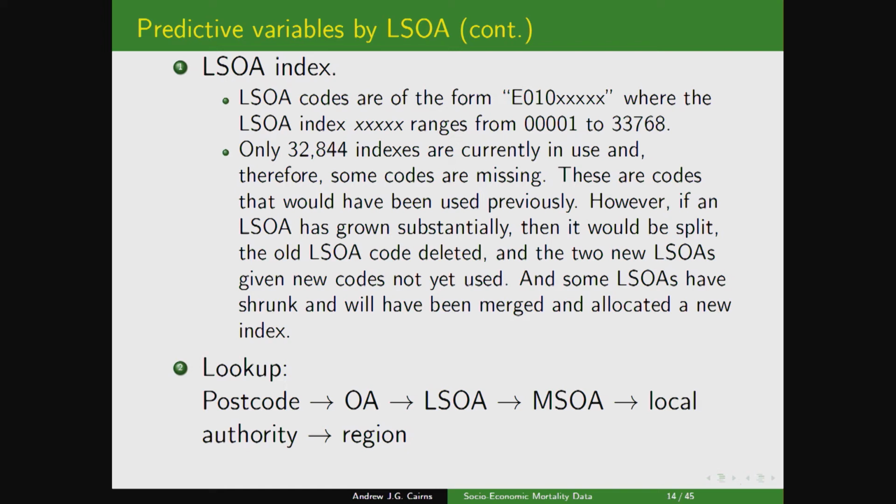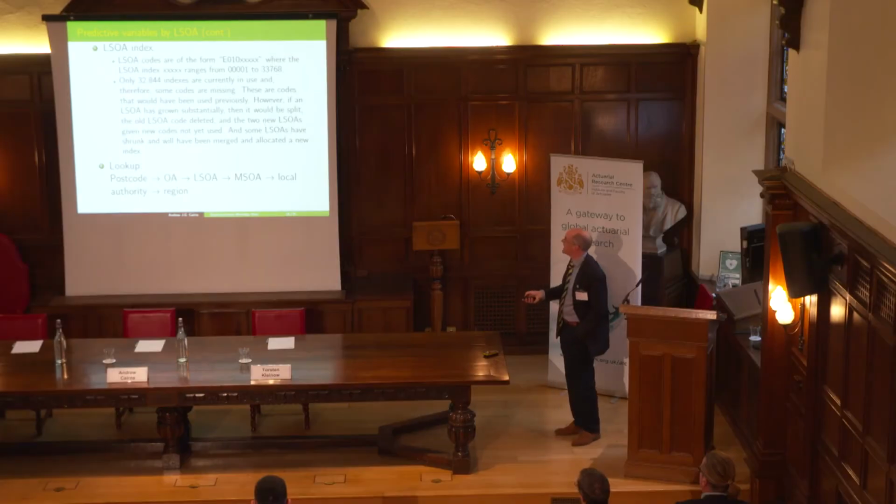The first 3 characters: the E is for England, and the 01 means it's referring to the LSOA level, while other digits would refer to things like local authorities or regions. For our purposes, we're looking at LSOAs, so it's really only the last 5 digits that matter. And so the indices go up to 33,768.